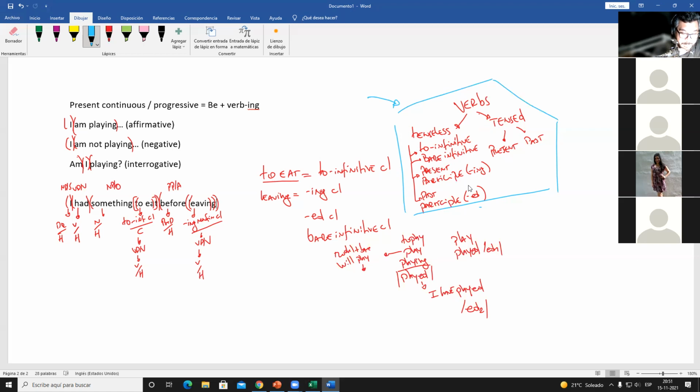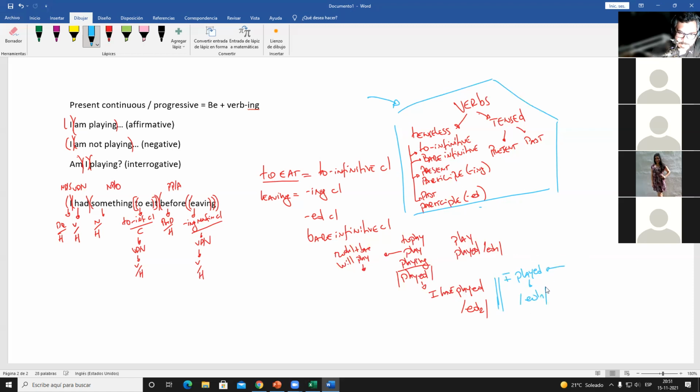Profe, disculpe, tengo una duda. Aquí en played puso I have played y le puso ed2, y arriba, al lado de play, puso played y le puso ed1. Sí, porque este sería un ed1. ¿Por qué?